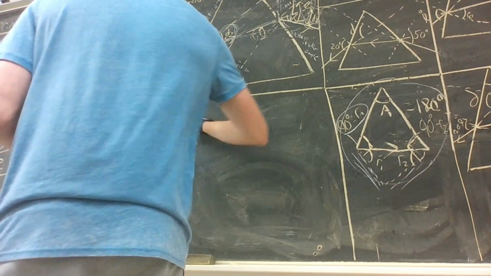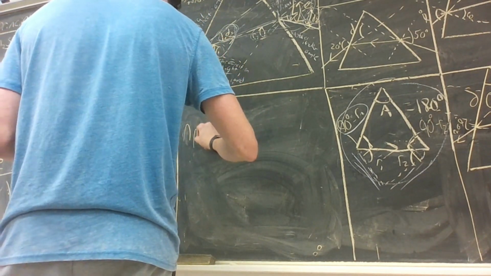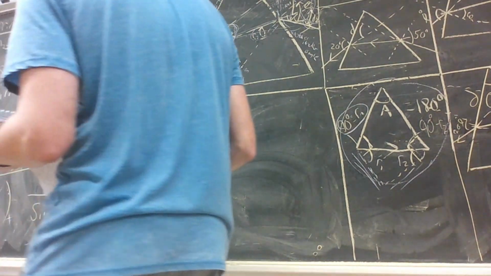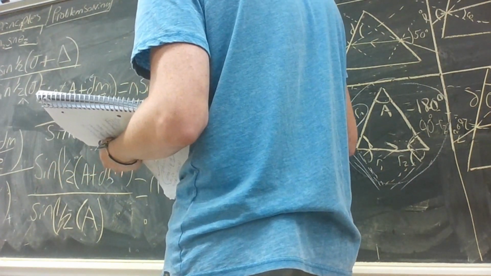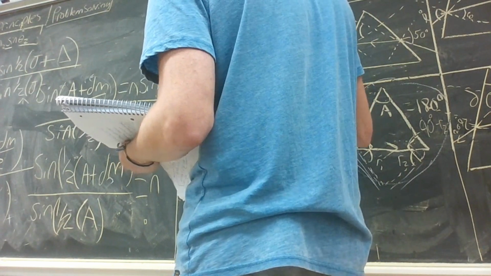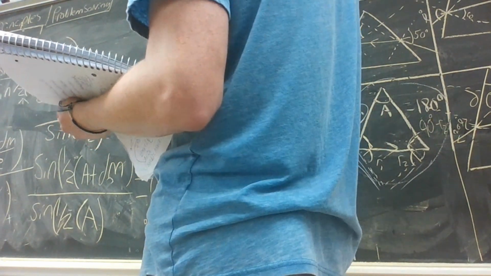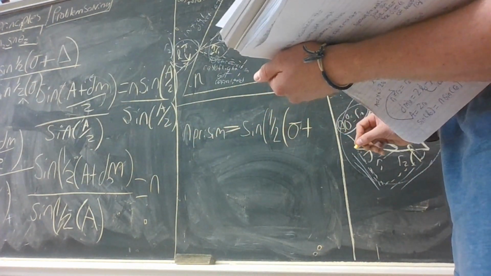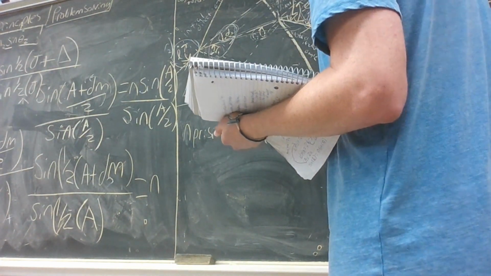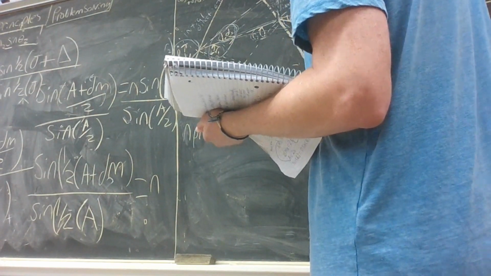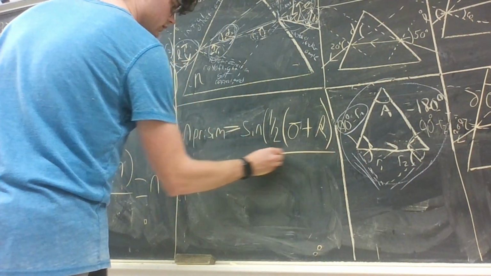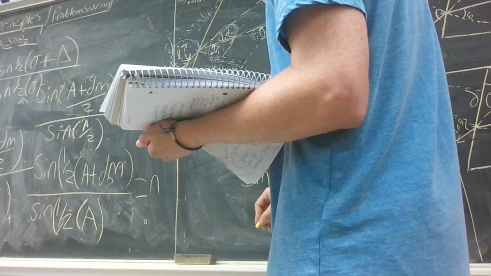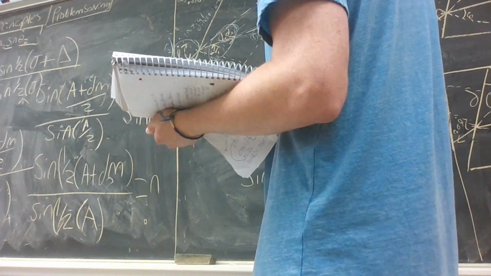So n prism equals, it's still sine 1/2, instead of A we'll use the variable given, plus, it should be the little delta, I'm just going to write a little squiggle, over sine one half times the other variable.